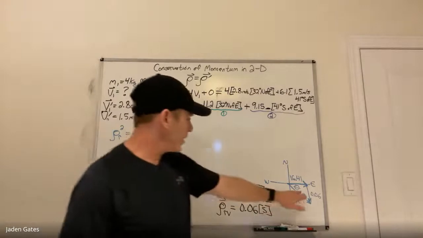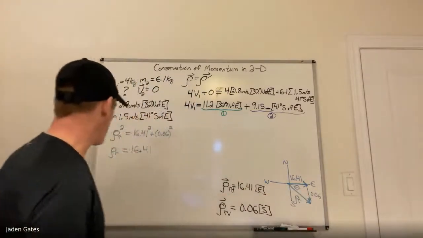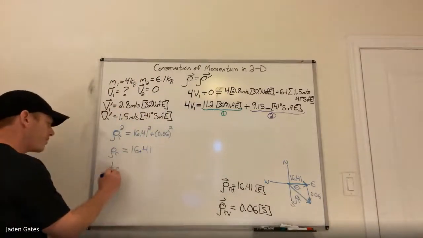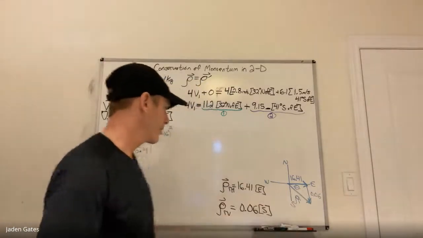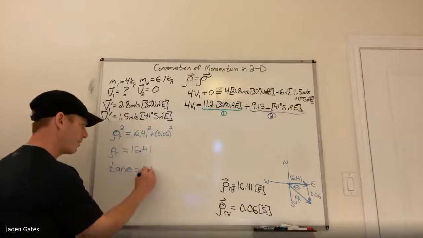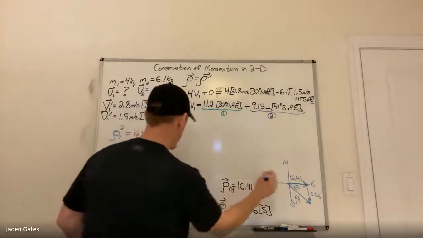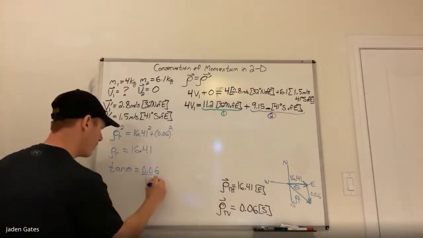Again, I want the angle now, so I'm going to use trigonometry. So I have tan θ is equal to the opposite, 0.06, over the adjacent, our 16.41.